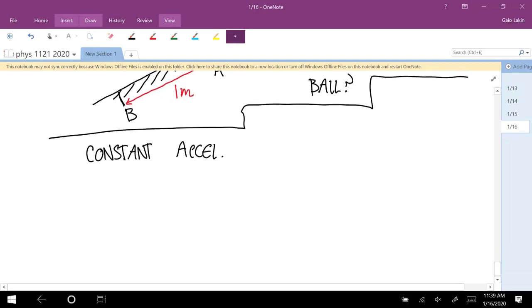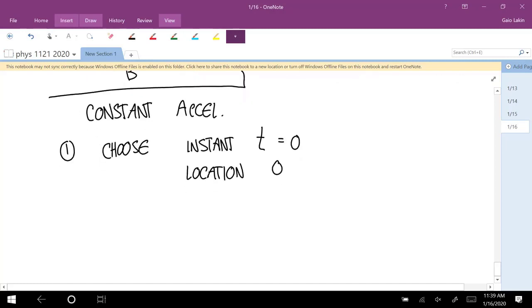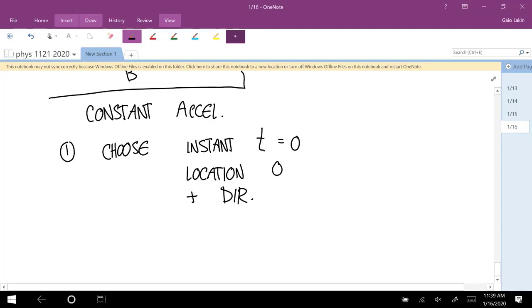And we first have to choose an instant that corresponds to time equals 0, a location that corresponds to the 0 position, a positive direction, and an instant corresponding to time t.